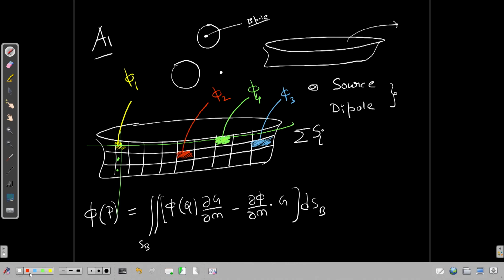Not required. The choice of phi may be arbitrary, but what I say is that phi is constant over a panel.